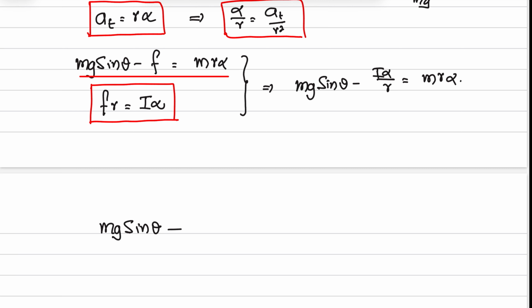Mg sin theta minus frictional force is I alpha by R, which is I into At by R square, equal to mr alpha, that is m into At.